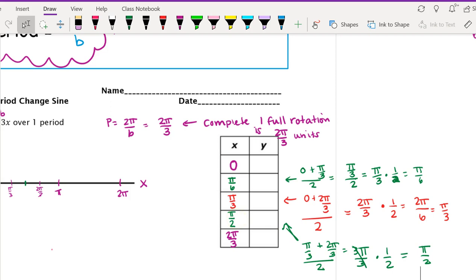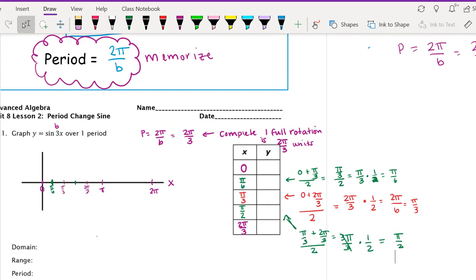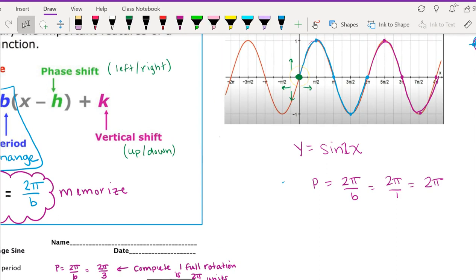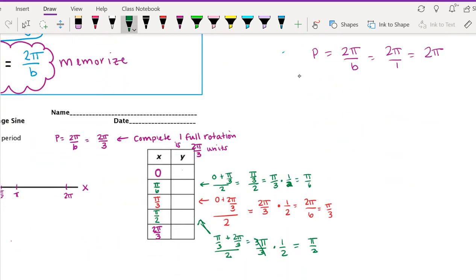Now, from here, we have to remember what happens when we start at 0. The sine function goes 0, then max, then 0, then min, then 0.